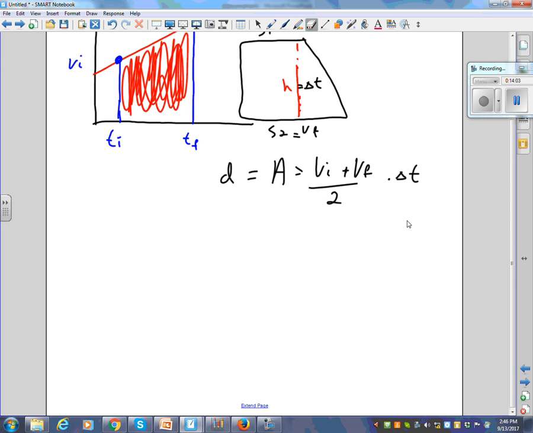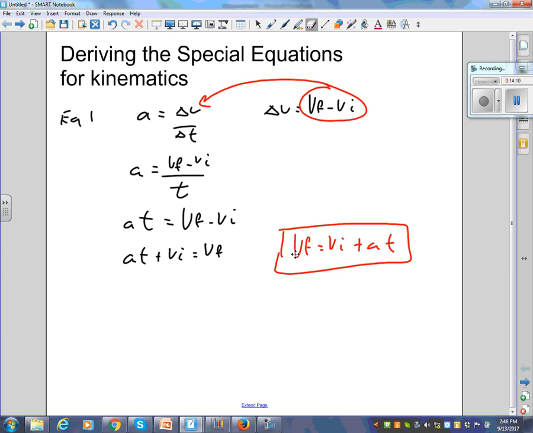Now what I'm going to do is take VF here, and I'm going to replace it with VI plus AT in red, and plug it in for VF because it says it's equal to VF.